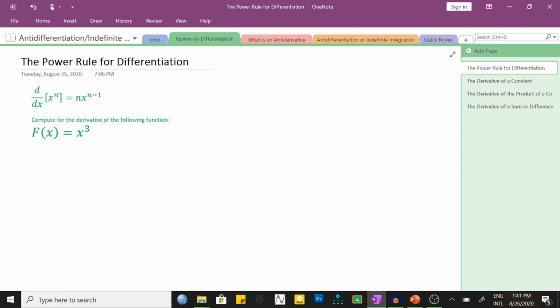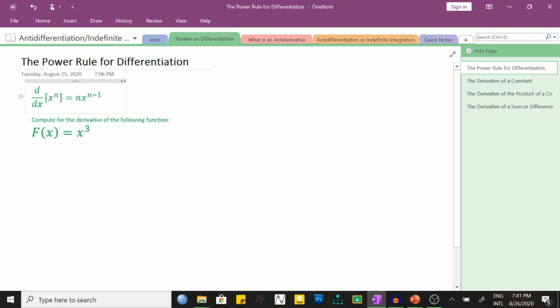So this is basically what we use when we are differentiating or taking the derivative of functions like this one. So you have x raised to n, you have a variable raised to a particular number, and to compute for the derivative of x raised to n, by the way, this symbol here is a notation for the derivative.